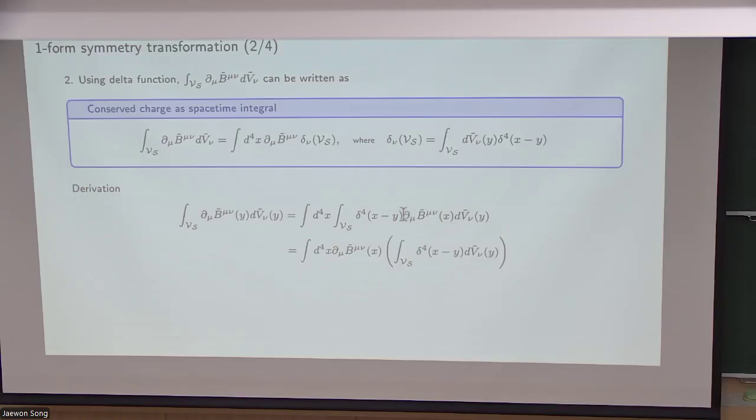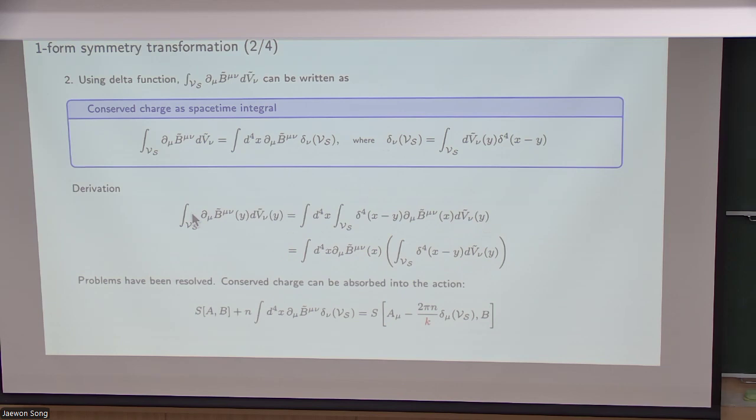Now this term is independent of the volume integral, so we have this expression. The remaining term is identified as delta nu V_S, which is a delta function that is only non-zero on V_S. So the two problems have been resolved.